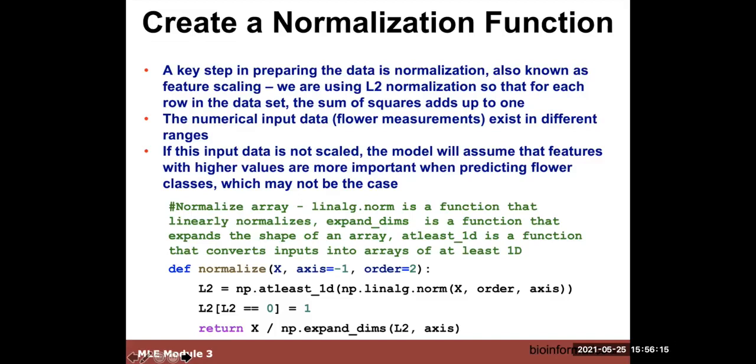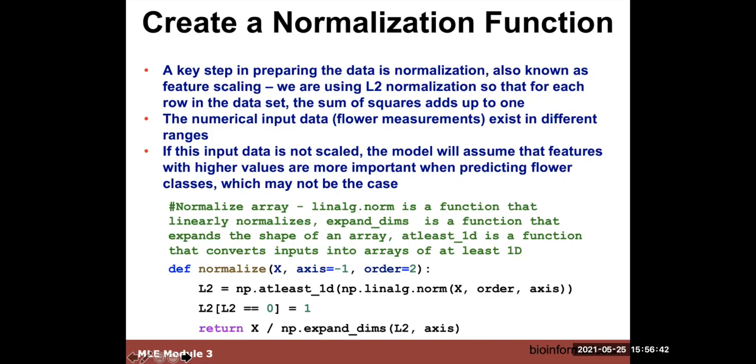L2 normalization is the same thing as calculating the distance between multiple points, x squared plus y squared plus z squared, and take the square root sort of thing. And the point is that the scaling helps to bring down values that were maybe a little too high or a little too low. It makes the distribution, I guess we'll say, a little more normal.